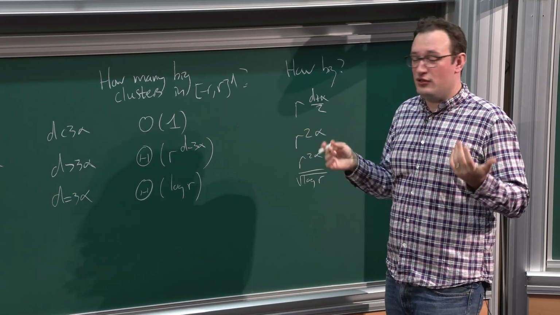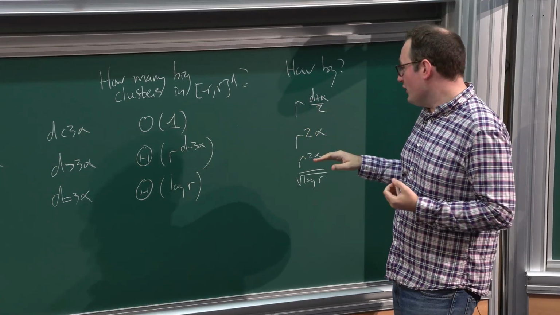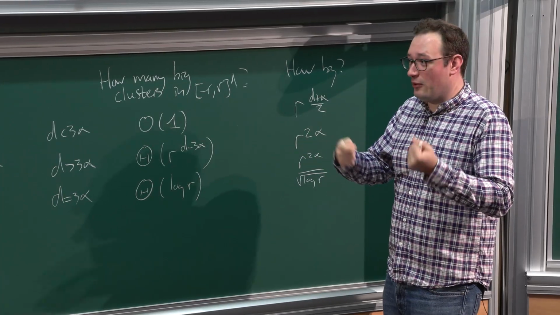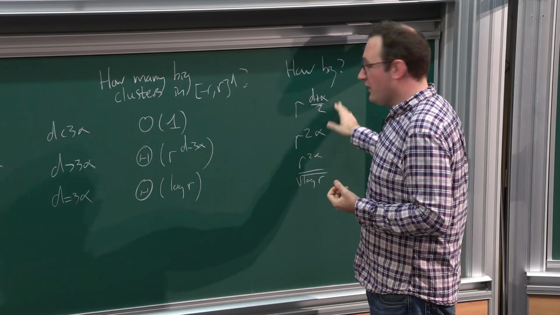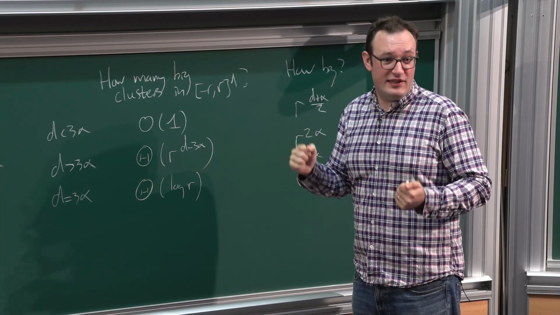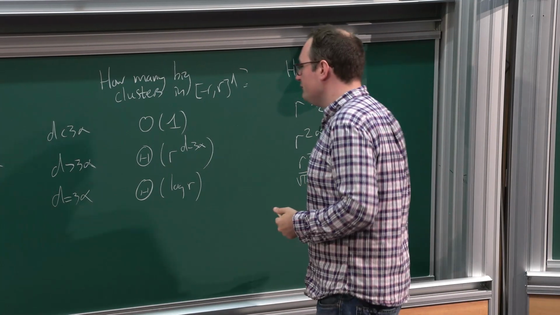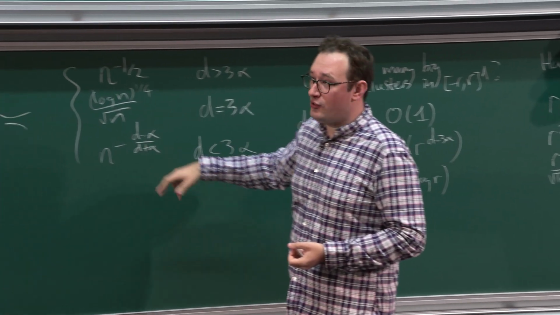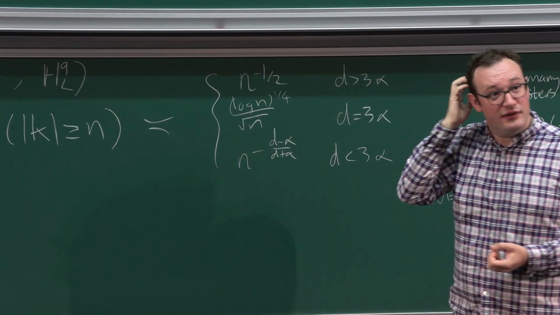Then it's basically the same as if in the box there were just this many clusters of this size, and the probability of the origin belonging to one of these clusters is the number times the size divided by the volume of the box, and you'll get the correct estimate for the moment. And of course, again, the relationship between this exponent and the two-point function exponent can be thought of as a hyperscaling relation.